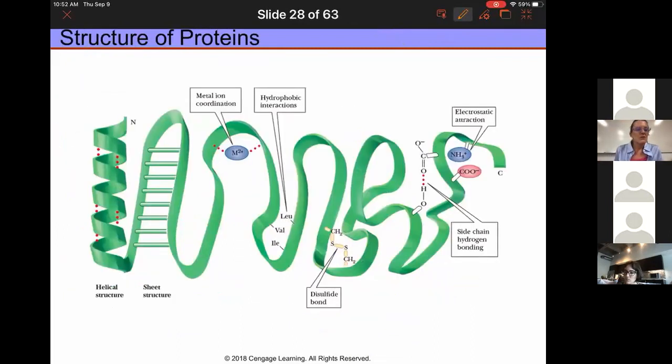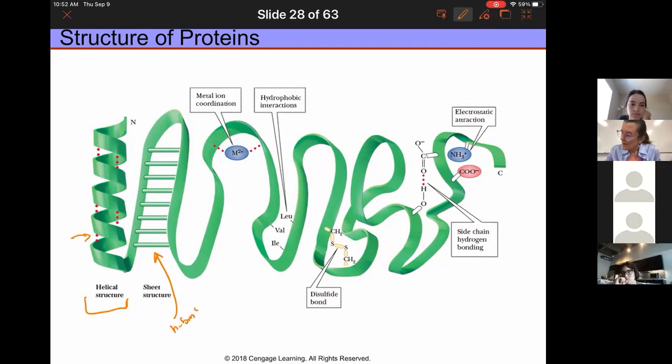Okay, this is a cartoon illustrating the different kinds of structures in proteins and the kinds of stabilizing interactions. So here we have the helical structure with the hydrogen bonds, beta sheet, again with hydrogen bonds. You can have a metal being complexed. So often what you'll see is if you have something like calcium, the calcium is positively charged and you'll see carbonyl oxygens pointed towards it to stabilize it.